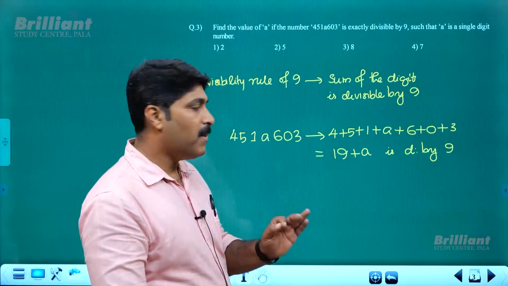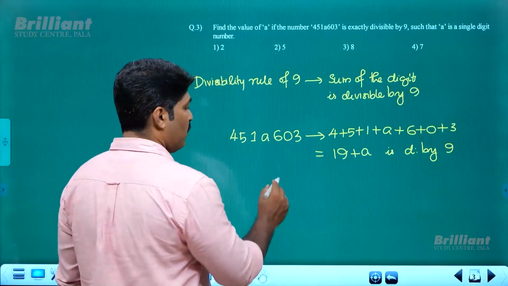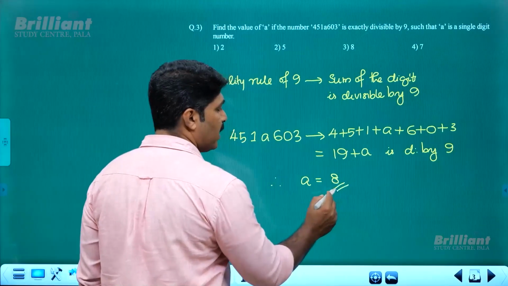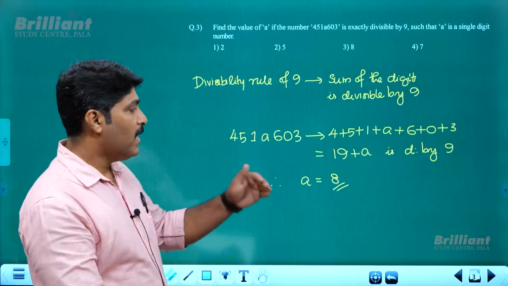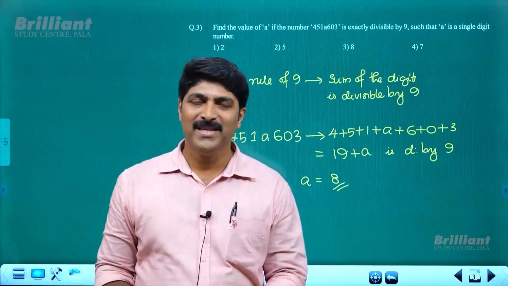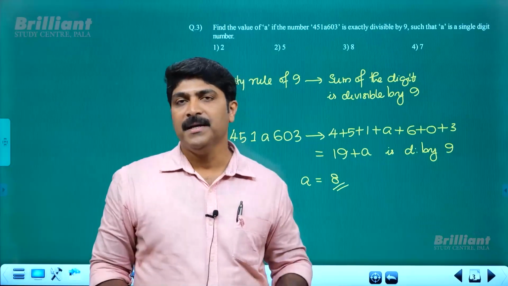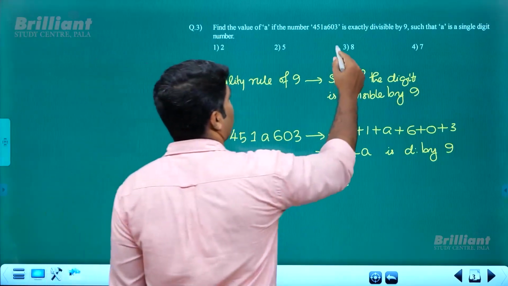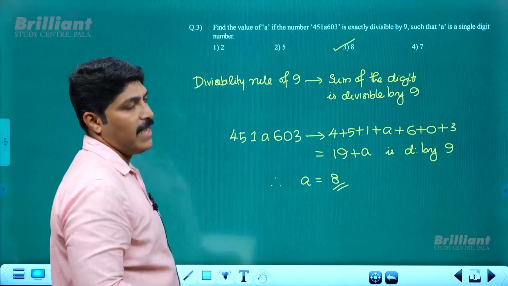Then which is the suitable value for A? The possible value of A is 8, because 19 plus 8 equals 27, the immediately next multiple of 9. Therefore, the suitable value of A is 8.